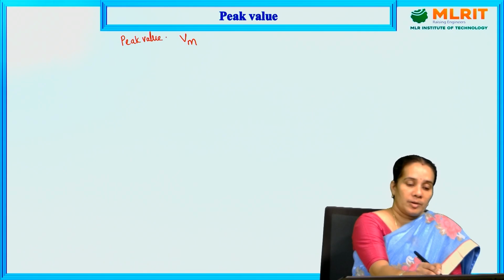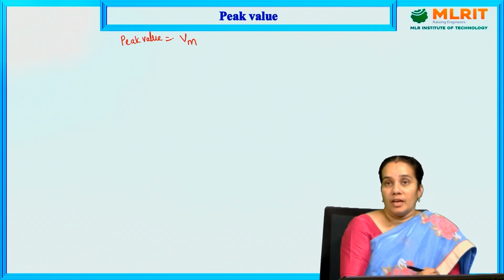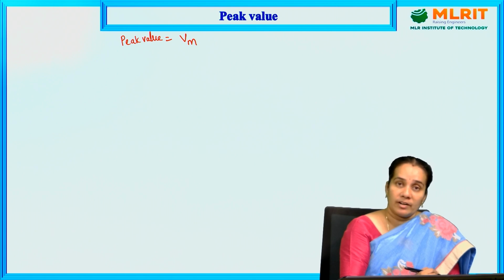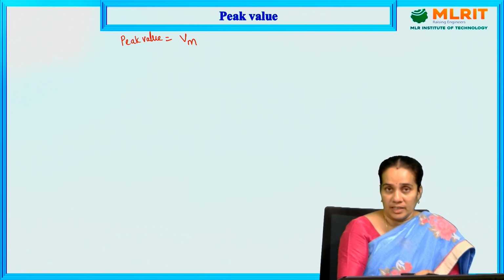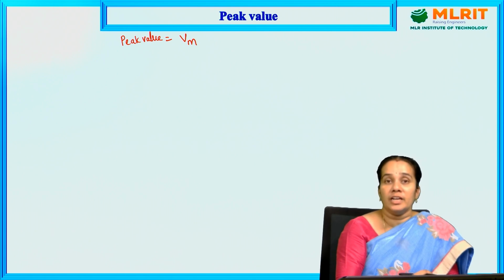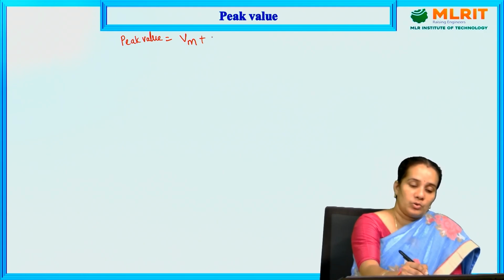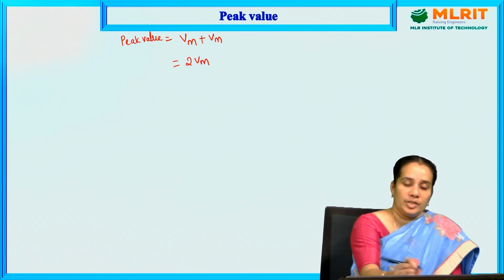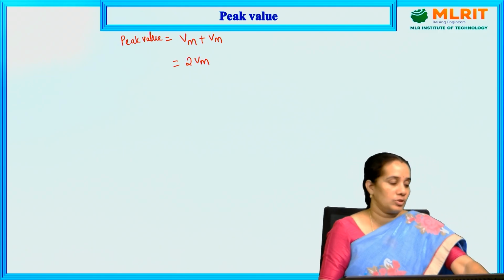The diode can withstand up to Vm. During the negative half cycle, one diode is in conduction state and the other is in non-conduction state. So in this case also it equals Vm. So the total peak value is equal to 2 Vm. Okay, this is about the peak value.